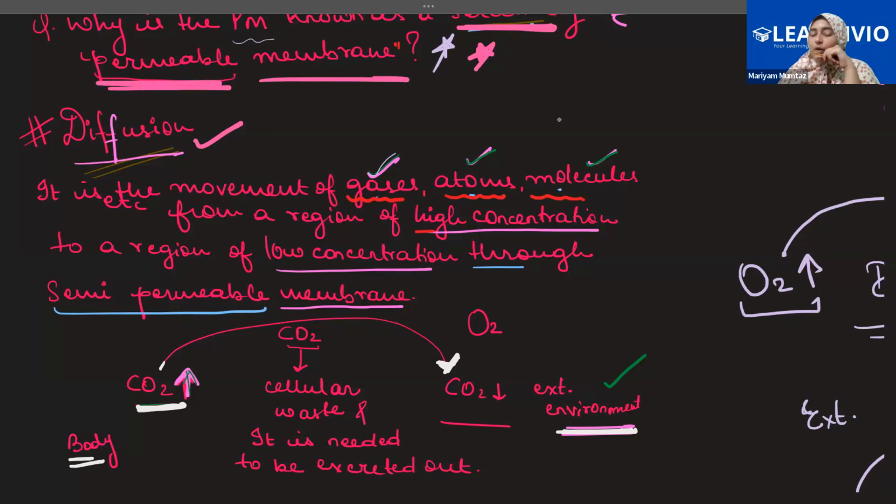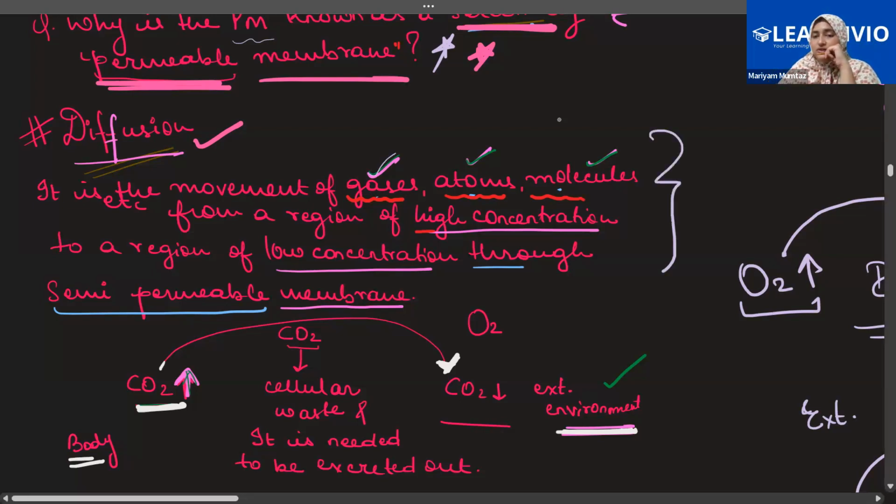Exactly, higher amount. So now diffusion is referring to the movement of gases, atoms or molecules from where they are present in a higher amount or higher concentration to the region where they are present in lower concentration through the semi-permeable membrane. This is what we call diffusion.